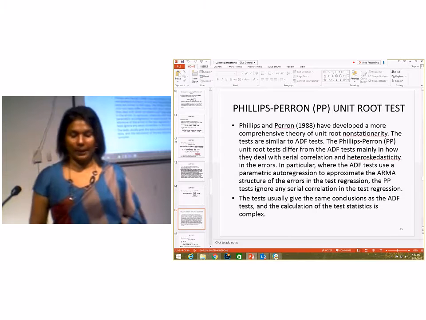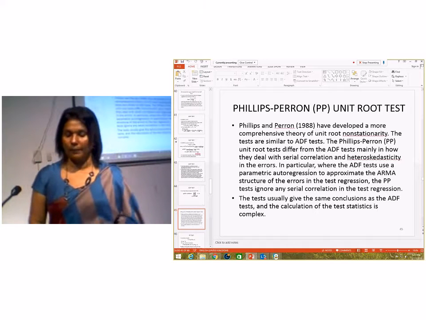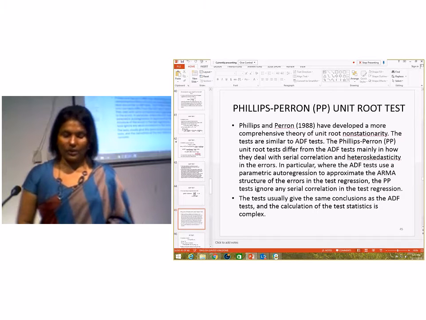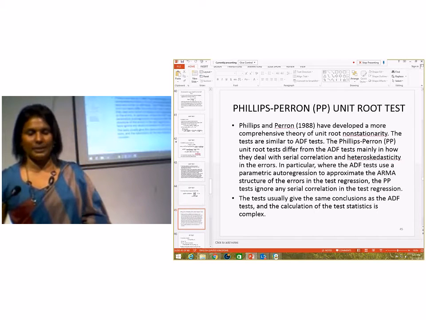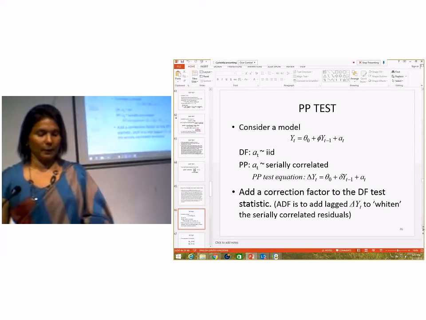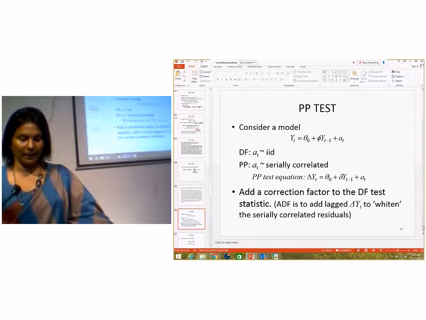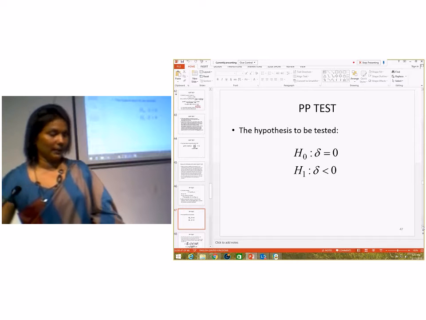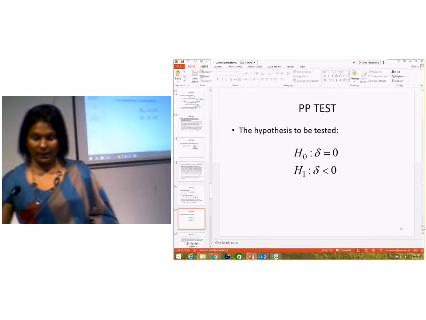The PP test gives the same conclusions as the augmented Dickey-Fuller test. The calculation of the test statistic is a little bit complex. This is the theoretical PP test, with the same hypothesis as the augmented Dickey-Fuller test.